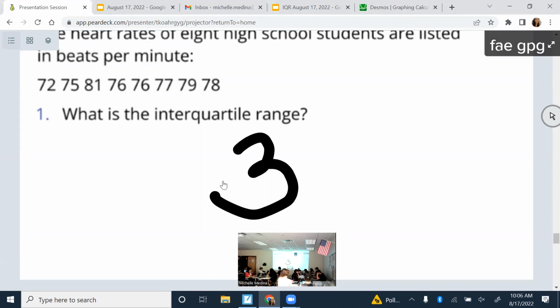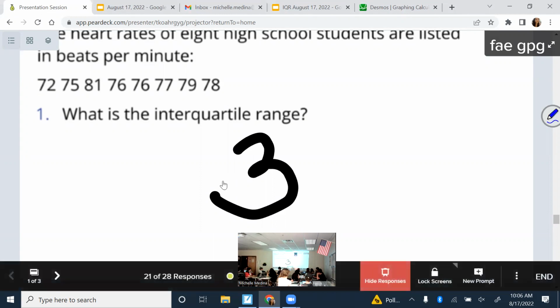So interquartile range. What's the formula for that? Is it maximum minus minimum? No, that's just normal range. What's interquartile range, that formula? I told you write it down on your note sheet.